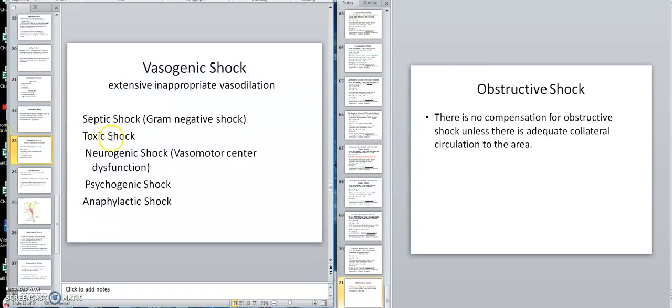Toxic shock was that staphylococcal deal that we had, toxic shock syndrome, still vasodilation. Neurogenic shock was where you get hit in the head and knock out the vasomotor center. You know how you'll see on TV somebody gets hit in the head with the butt of a gun? So you knock out the vasomotor center, let's say.